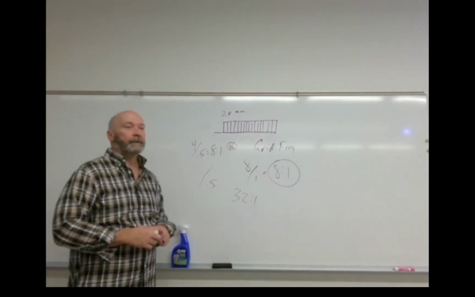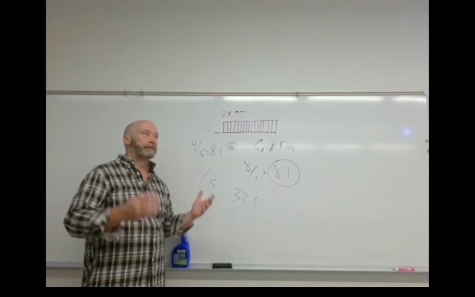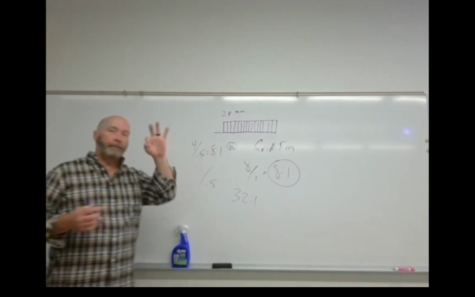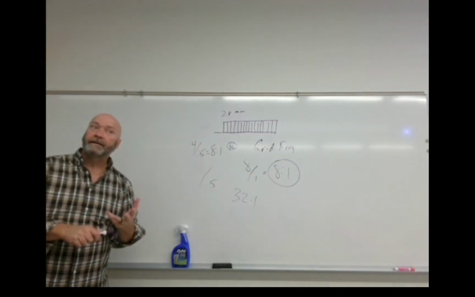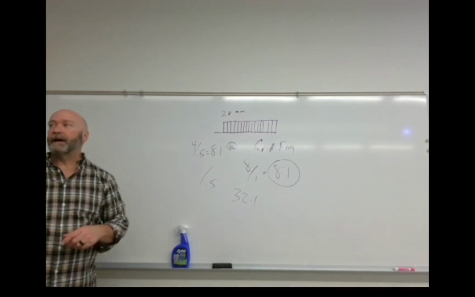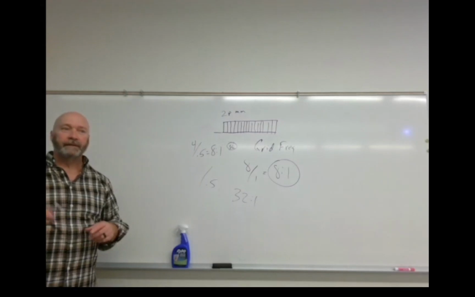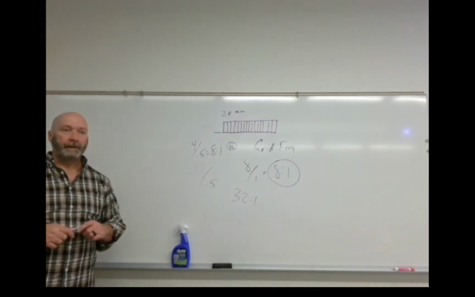No. If you have a grid ratio, I'll probably give you 3 different things: the height of the grid strip, the thickness of the grid strip, and the distance in between. So you're going to have to remember not to go with the thickness of the grid strip, but the height and the distance in between. Okay?